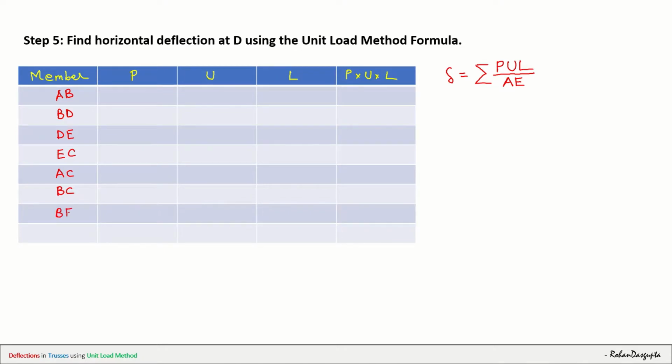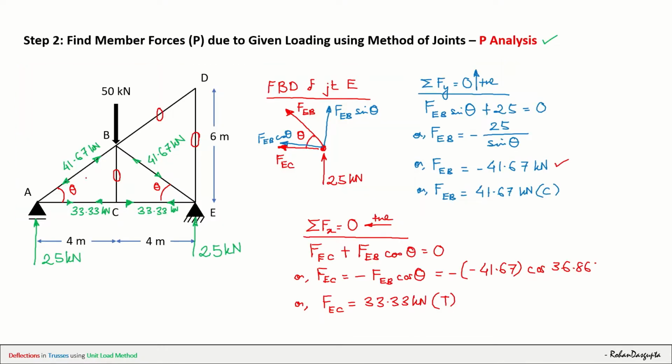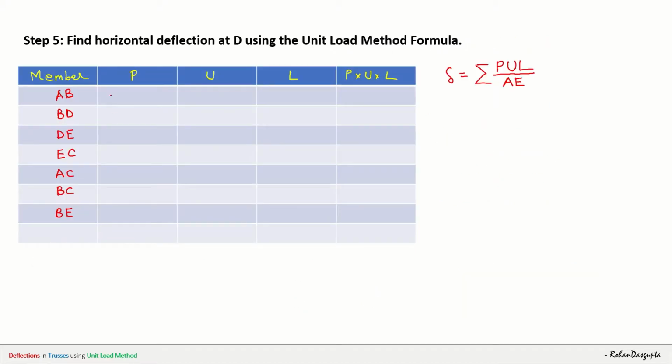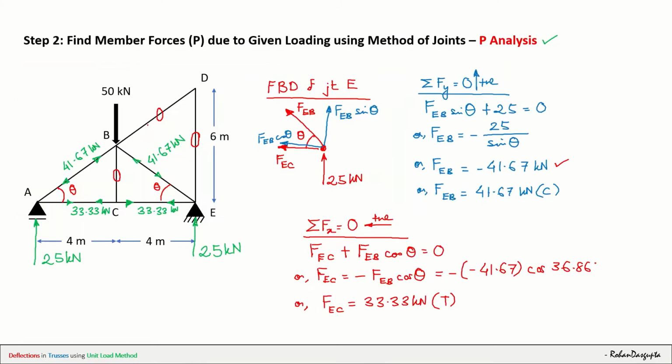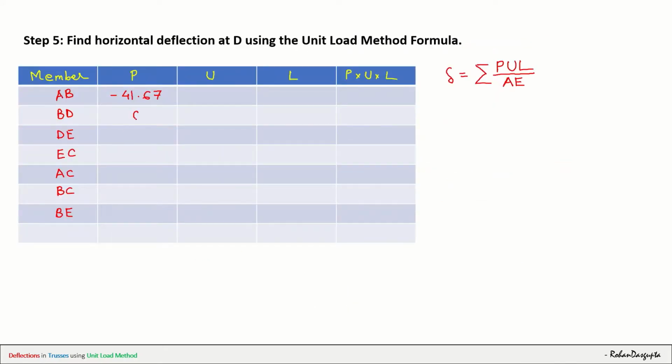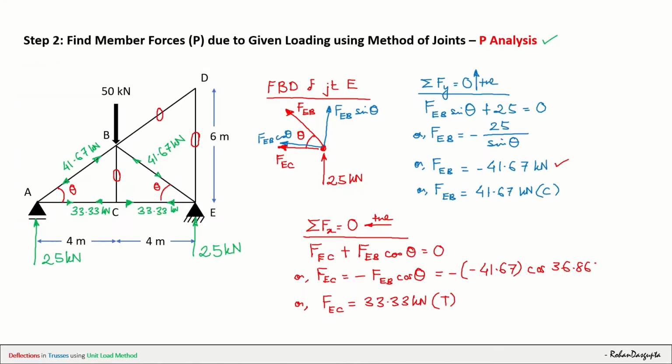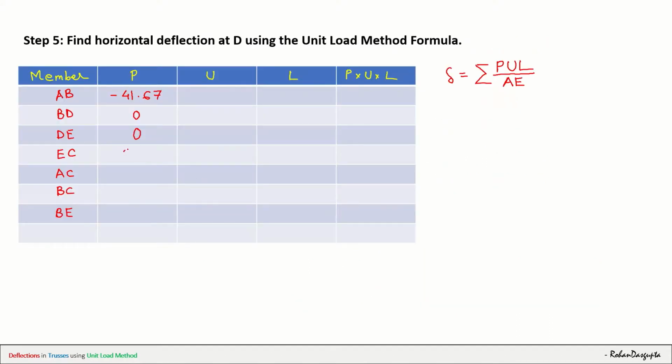So from this figure itself, I will write the value of P. Here I will write minus 41.67 because this was compressive in nature. Then BD and DE member forces are 0 and 0. Then EC and AC are positive 33.33, positive 33.33, and again 33.33.